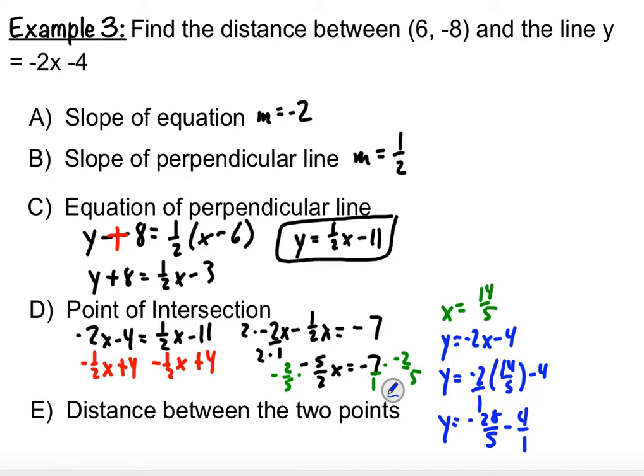To subtract fractions, I need a common denominator. Common denominator is 5. So we get -28 minus 20 all over 5, which is -48 over 5. So our ordered pair is 14/5 and -48/5.